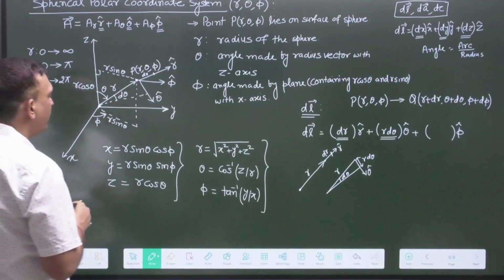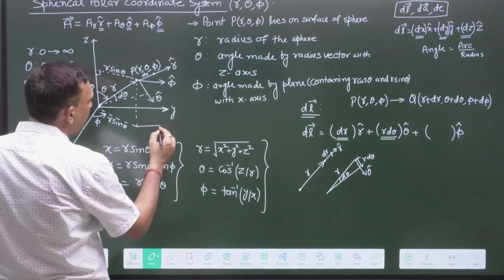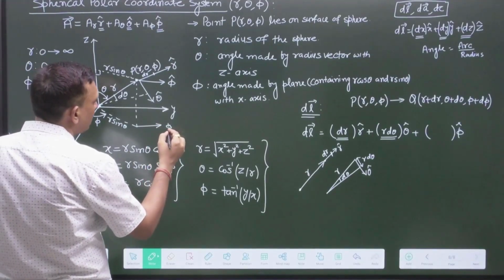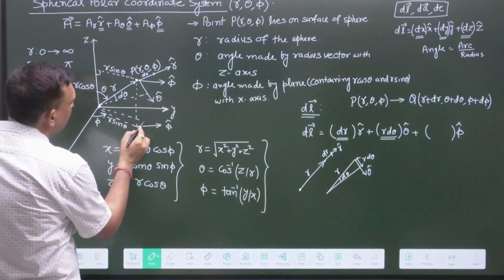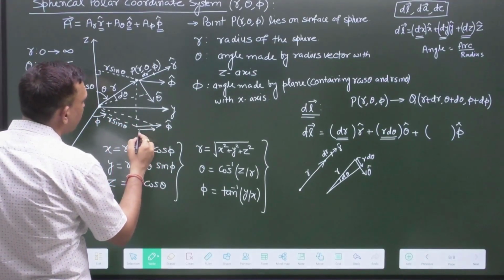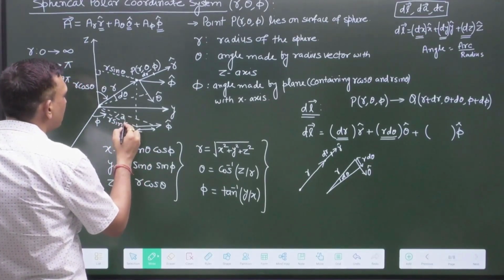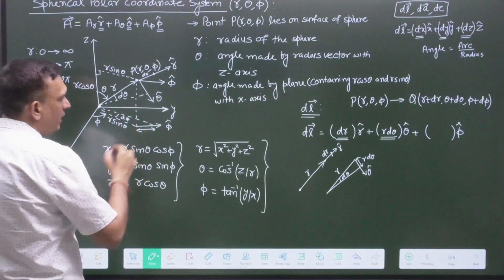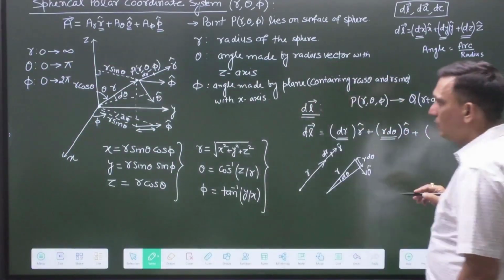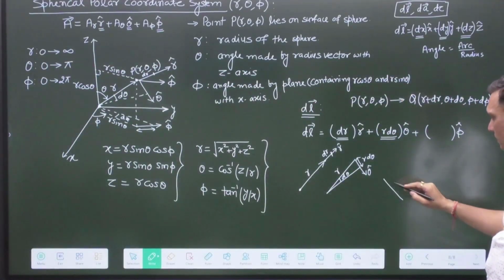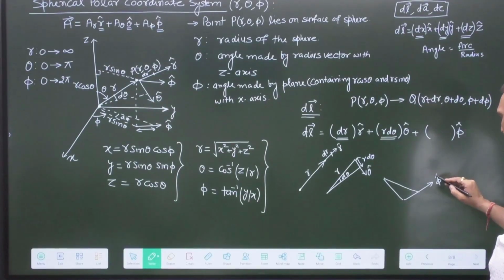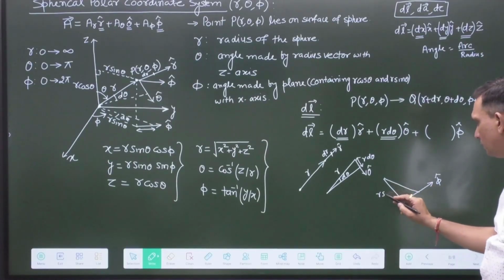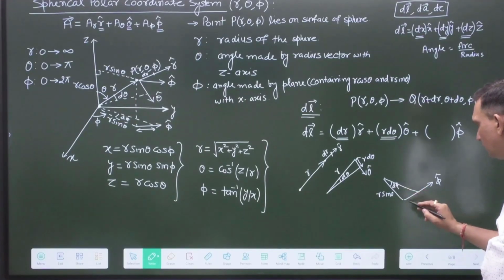Now you have to see change along phi cap. So phi cap is this direction. If phi changes to d phi, what will be this change? Let's redraw this again. This is phi cap. This is r sine theta. This will be d phi.